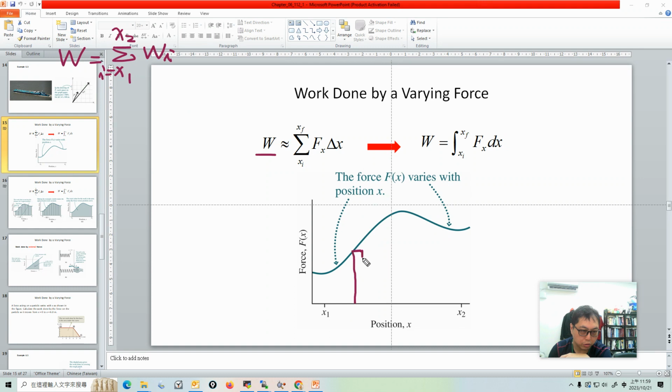If this is delta x, this is another delta x, and this is another delta x. We slice the system, and we calculate the work at a very small interval.